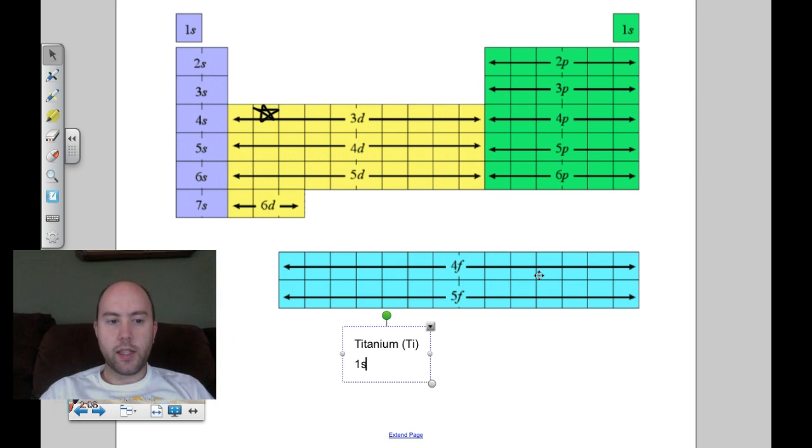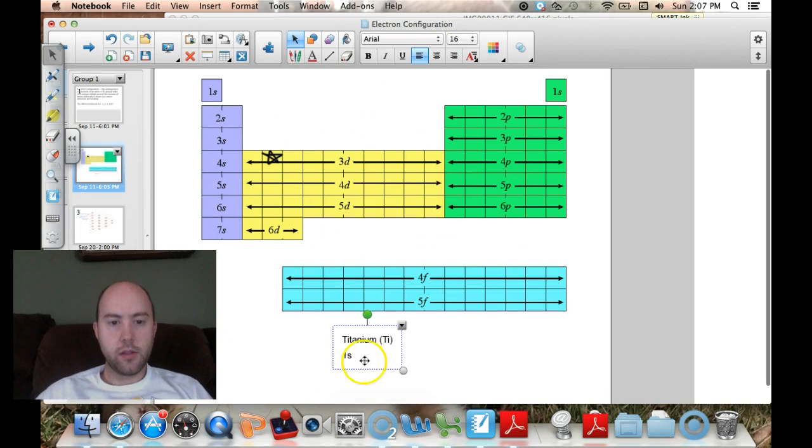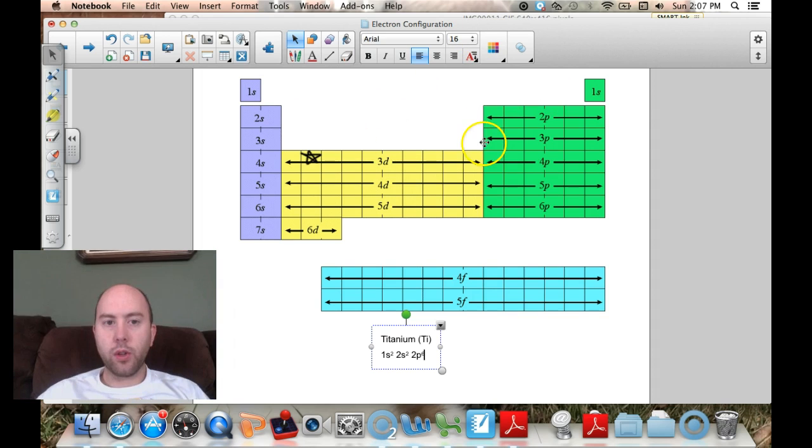So that's 1s2, 2s2, 2p6. That's all the first row, all the second row.